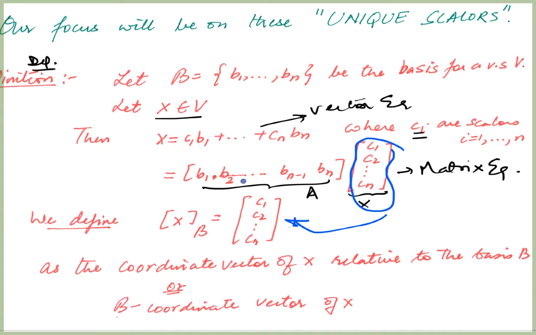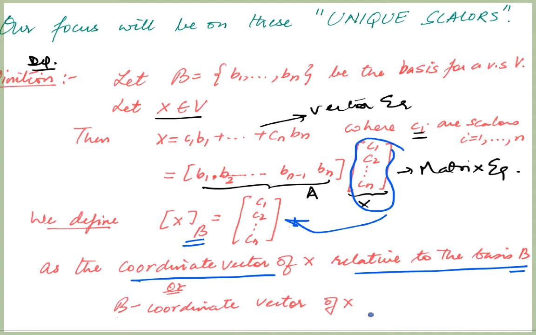We're going to call this the coordinate vector of x relative to a basis B. Okay, so this vector, which was from the matrix equation, which we learned so many years ago, is now given a new terminology. We're saying this is the coordinate vector of x relative to the basis B. Or in a short form, it's called the B coordinate vector of x.